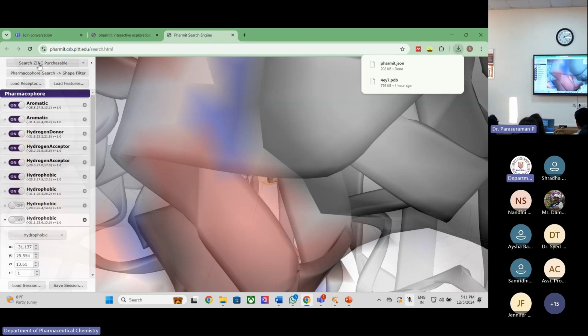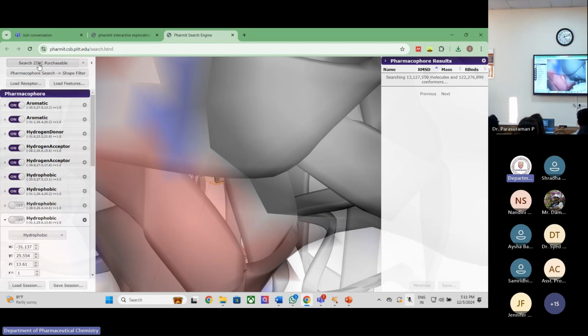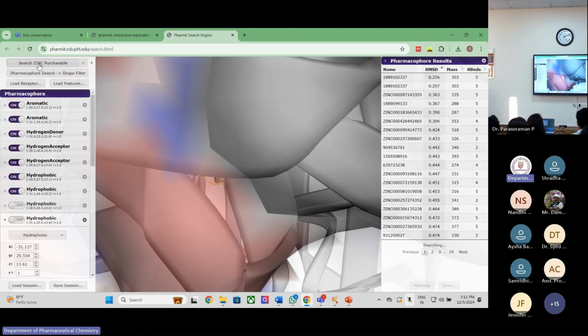Next, search ZINC. Here it is showing 3,326 ZINC structures that may bind to the VEGFR2 receptor.